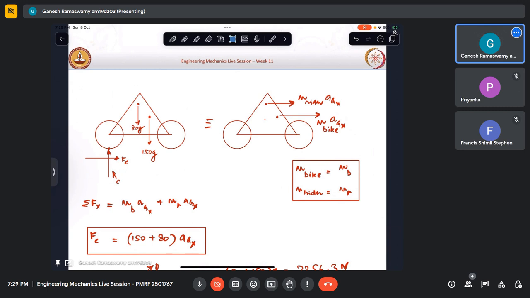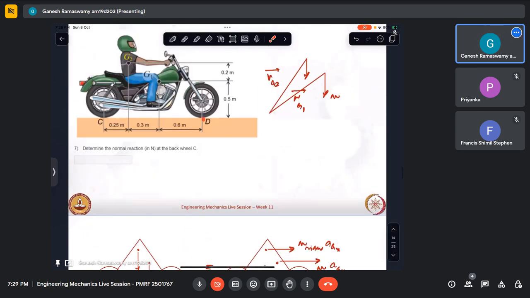After this moment on, when the person is performing a wheelie, the system will also have some angular acceleration. It is at the very instant when the reaction has actually gone to 0 that we are analyzing this. If you take some other instant after this, this entire system would have acquired some angular acceleration by virtue of that person rotating about this point.